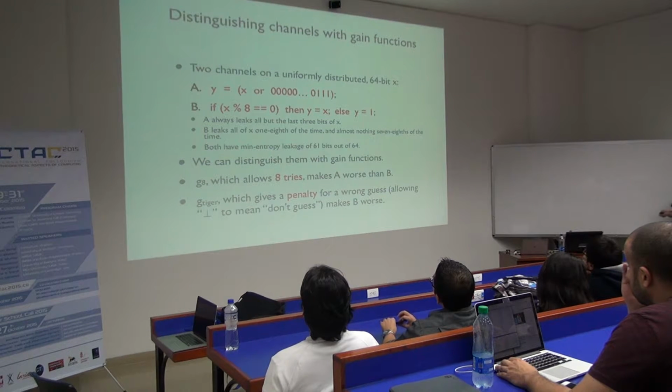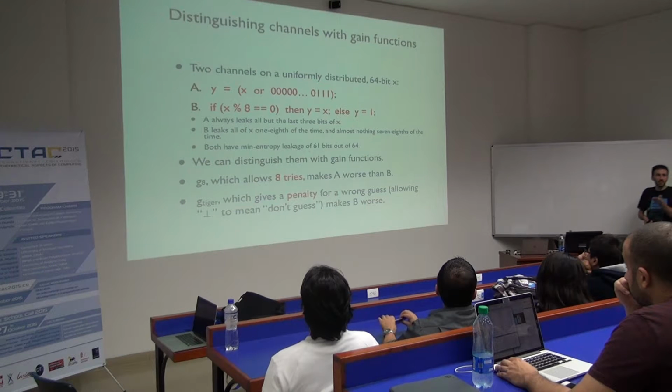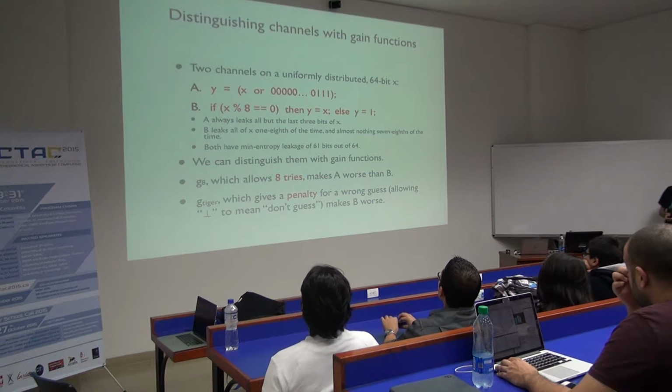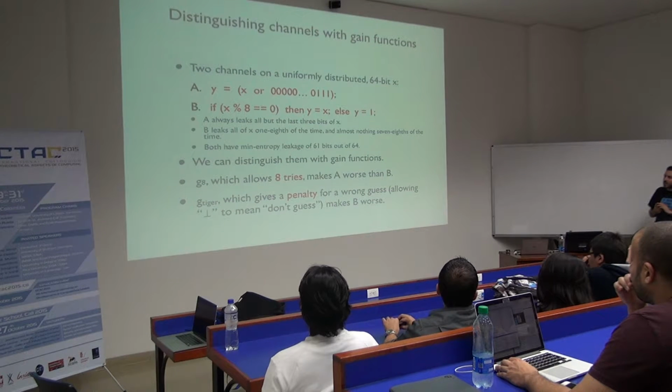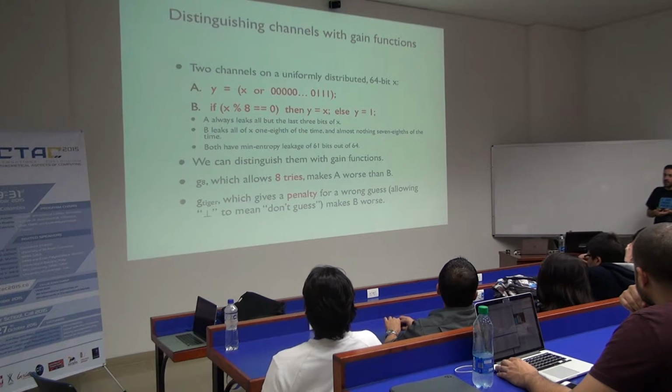It's not a direct correspondence to bits, but the mean entropy in both cases is the same. So this means that if I care about the mean entropy adversary, then I don't really care, because he will be equally likely to guess these secrets.